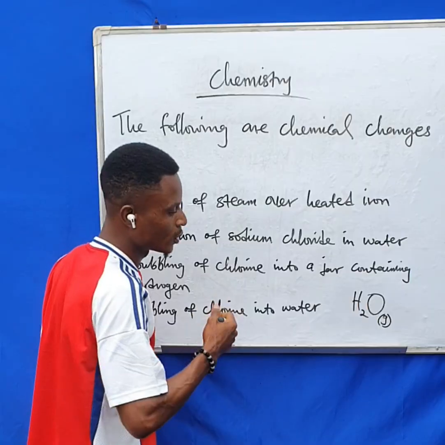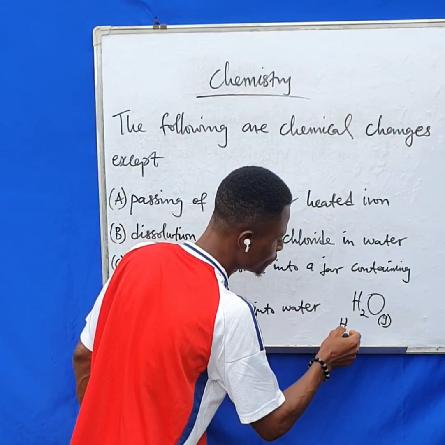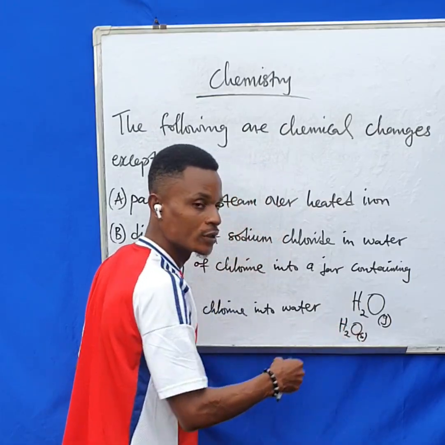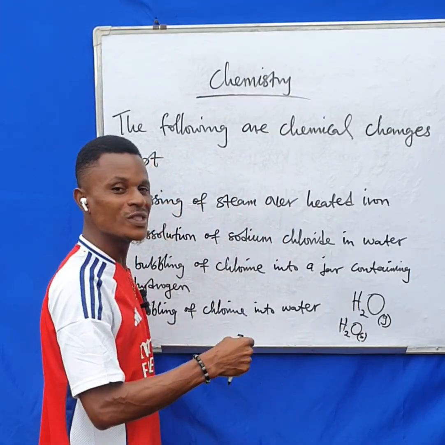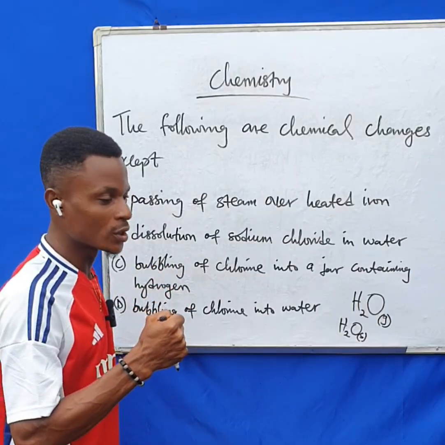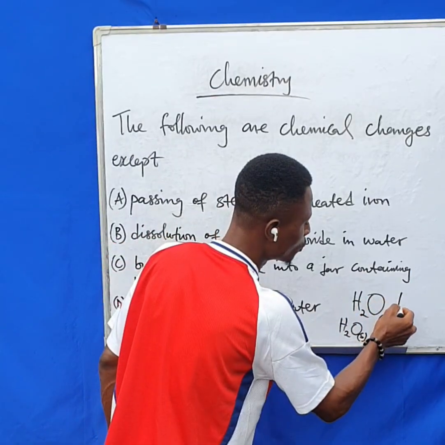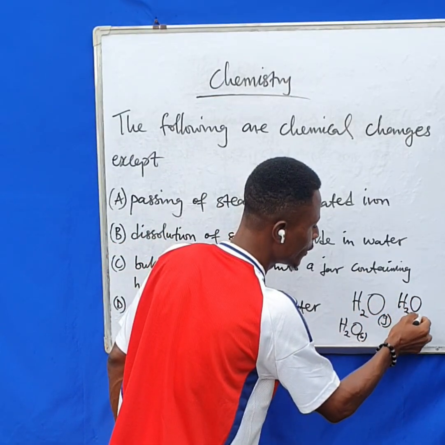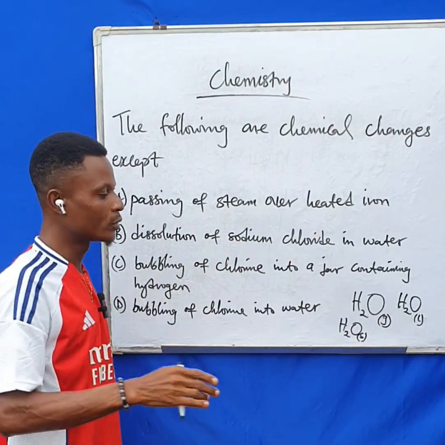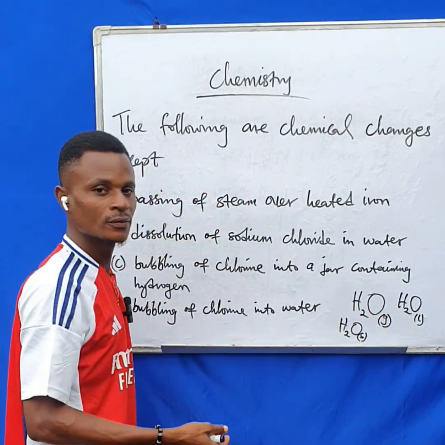If you see H2O and then you see S, this S stands for solid. That's to tell you that you are dealing with ice, which is the solid form of water. If you see H2O, and you see L, this is liquid, which is cold water. So you have to be taking note of this.